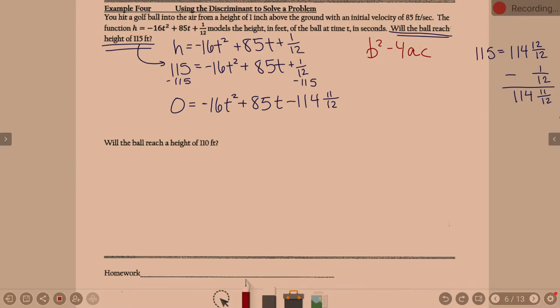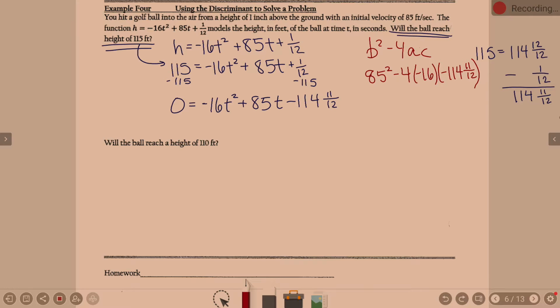Okay, b squared: 85 squared minus 4 times negative 16 times negative 114 and 11/12ths. I'm sorry, I did not identify my ABCs. Please forgive me.